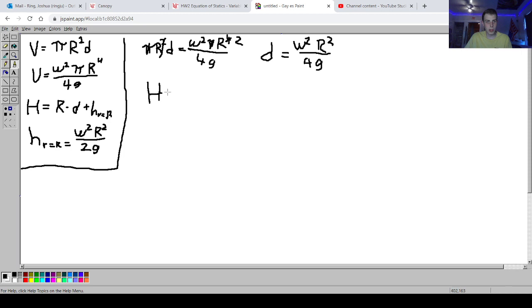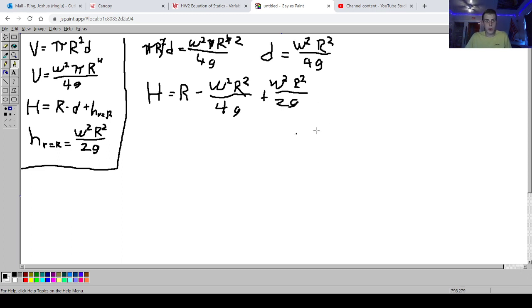So we'll have height being equal to big R minus our dip, omega squared, r squared, we'll add r there, all of this over 4g, and this is being added to, it's similar, but it's not exactly the same, omega squared, r squared, all of this being over 2g.